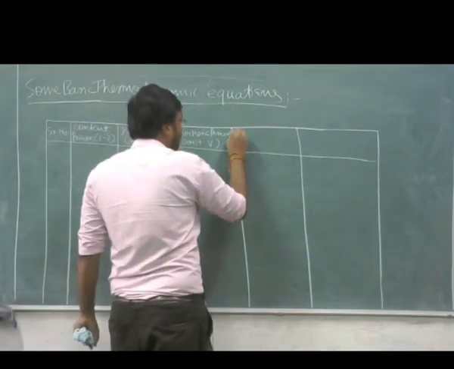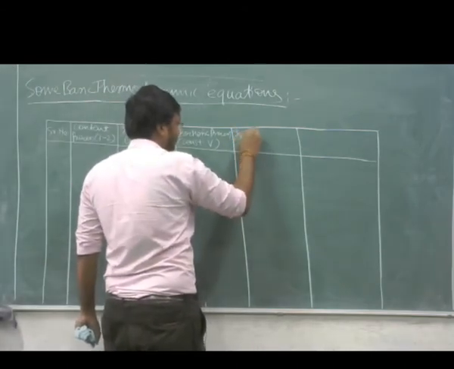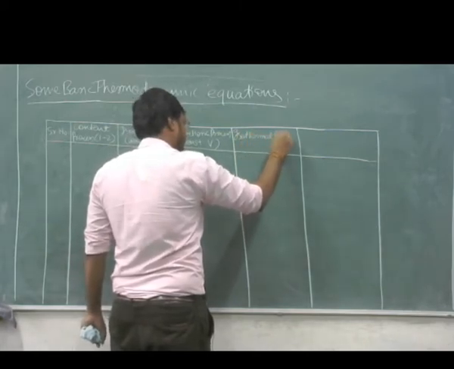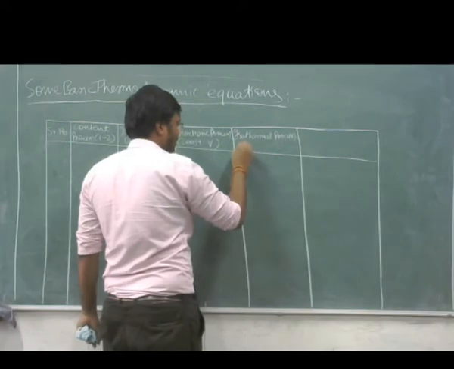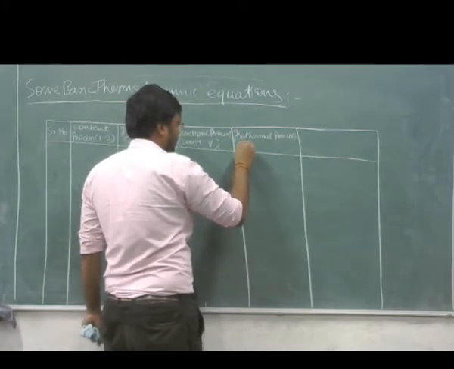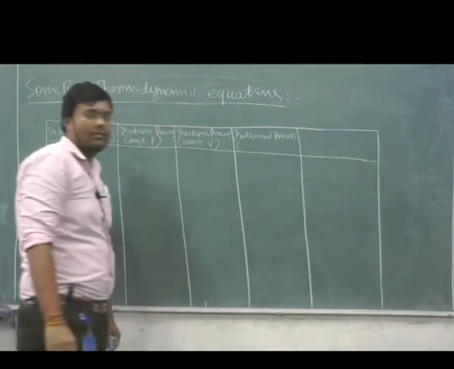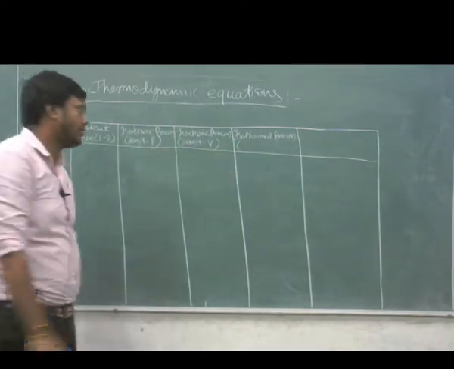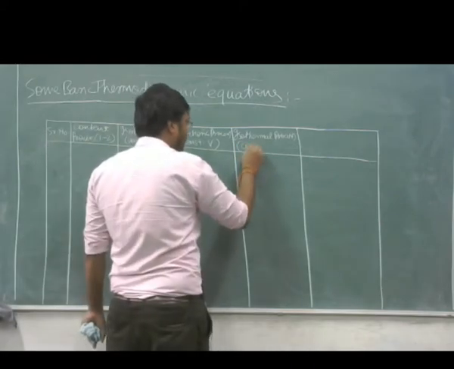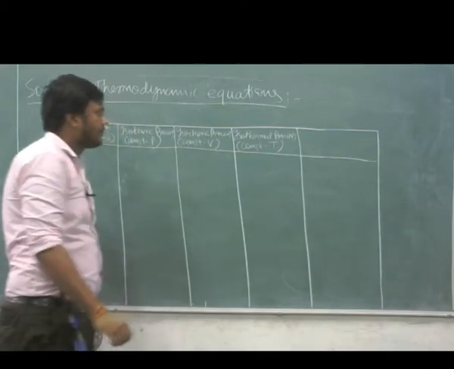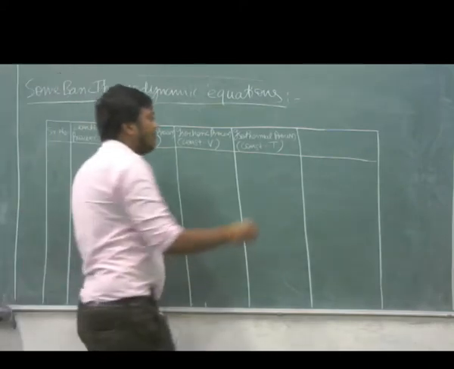Next is the isothermal process. In the isothermal process, temperature is constant. This is also known as the constant temperature process. Next one is the adiabatic process.